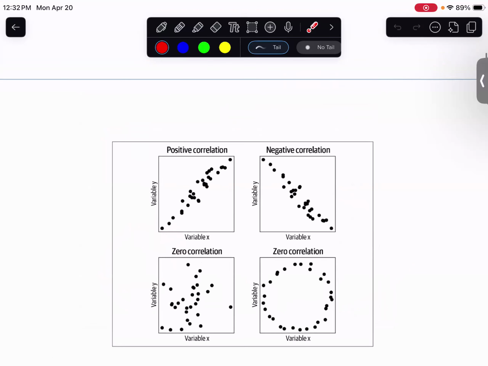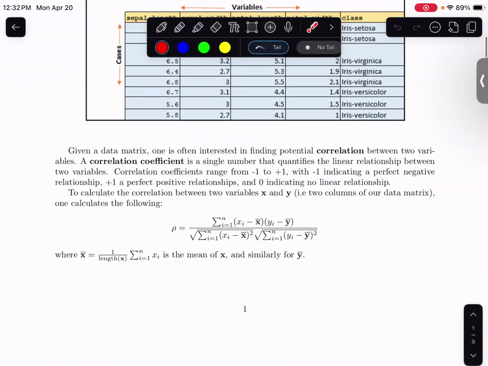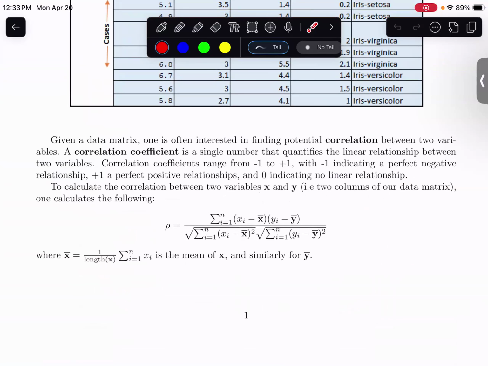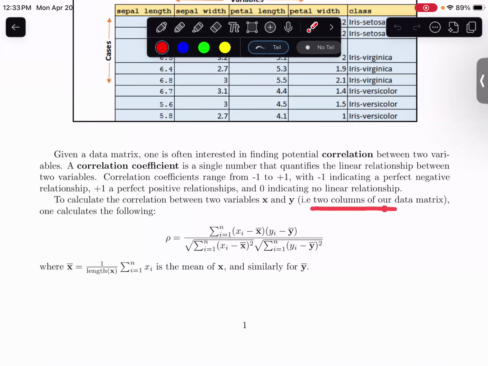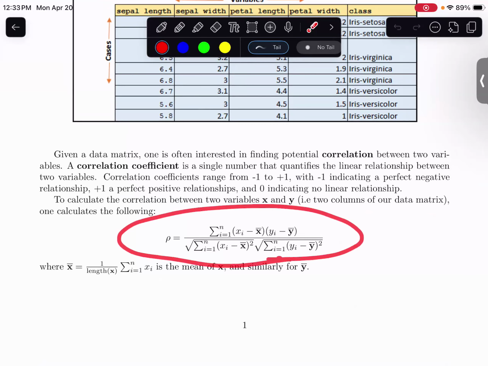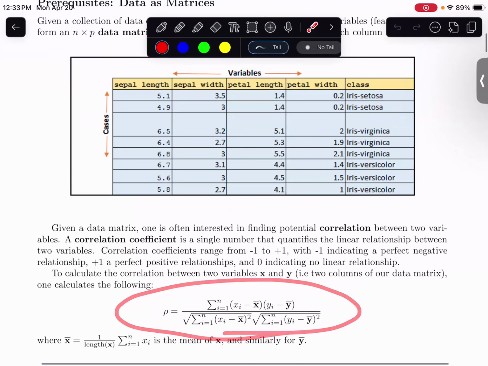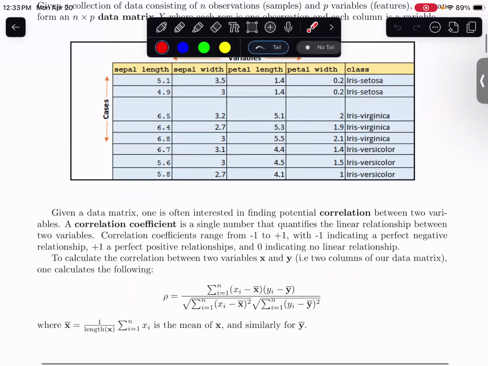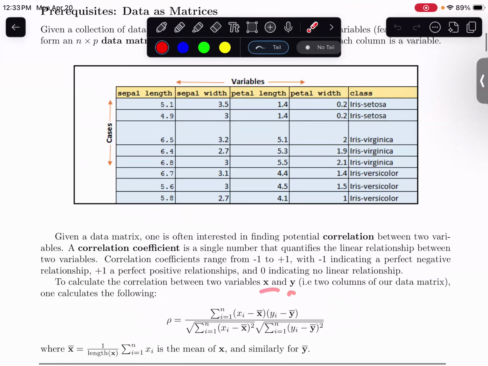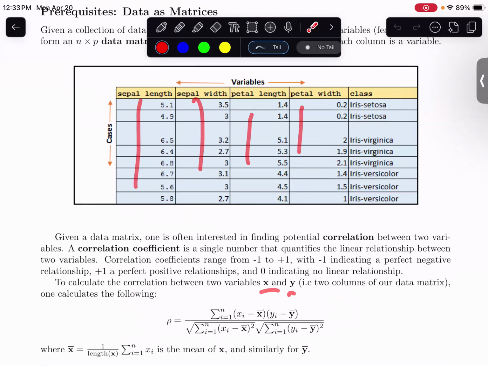If you wanted to compute the correlation between 2 variables, x and y, which we can view as 2 columns of our data matrix, one can calculate the following. When we're doing these correlations, we're seeing if one variable could say something about the other. So these x and y correspond to columns of a data matrix.